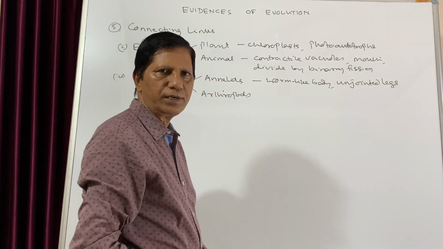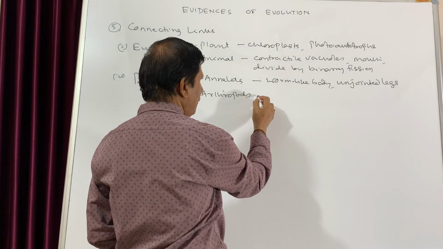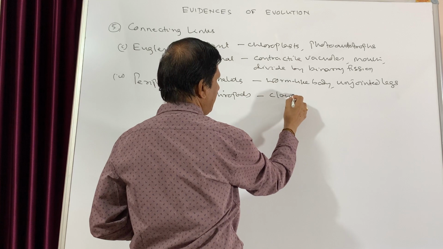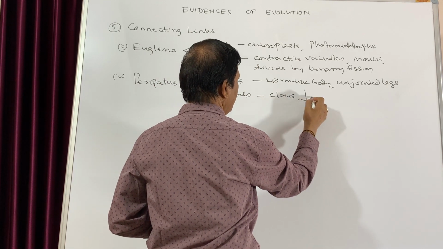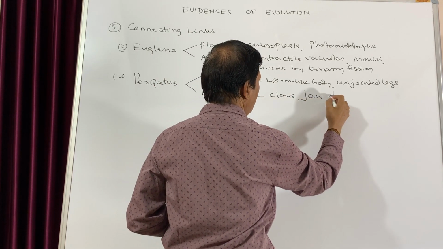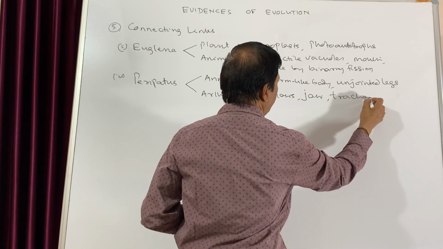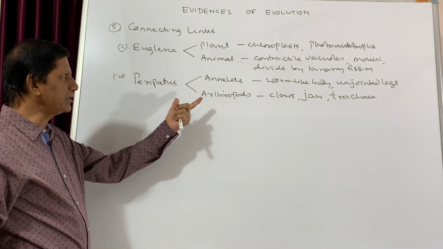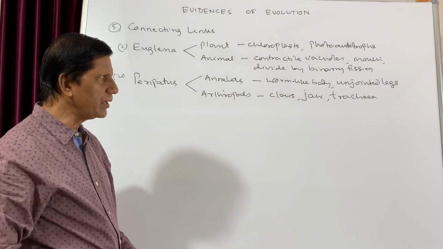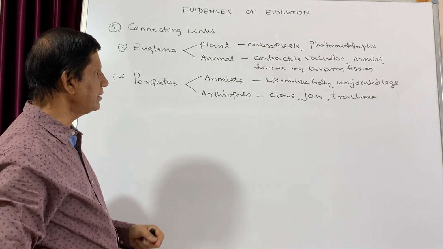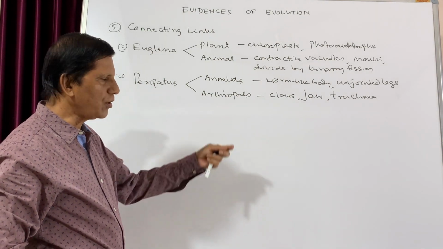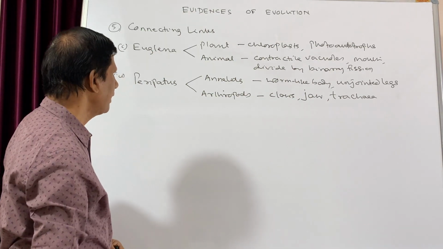The legs are not jointed. And in case of arthropods, the similarity is the presence of claws, then jaws, and also trachea. That means it has characters of both annelids, where it is a worm-like body with unjointed legs, and also it has arthropod characters like claws, jaws, and trachea.